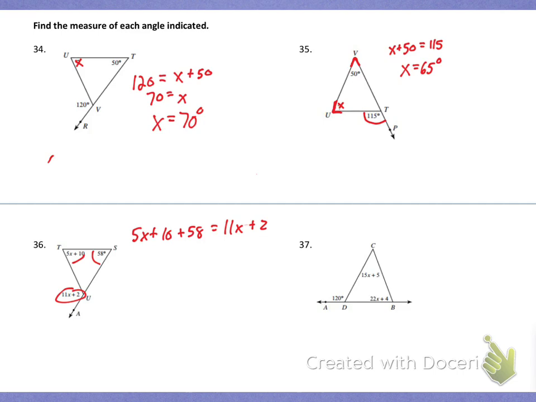So then I'm going to combine my terms. 5x plus 68 is equal to 11x plus 2. I get a negative 6x, and then 2 minus 68 will be negative 66. So I get x is equal to 11. I'm not sure what's going on here.